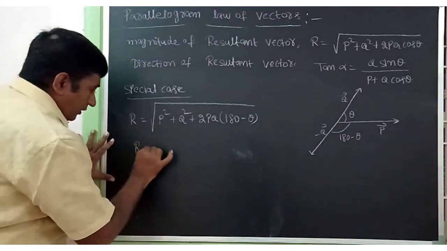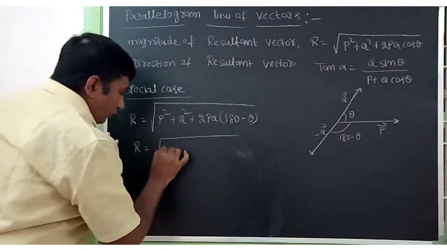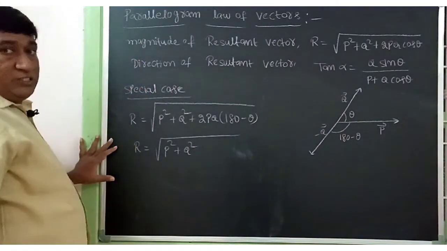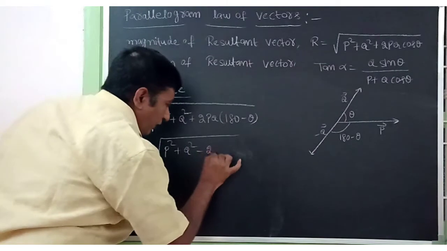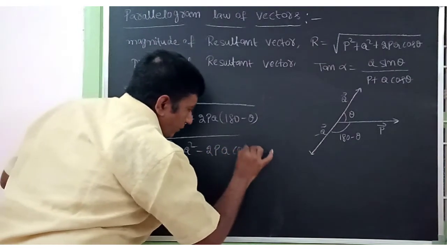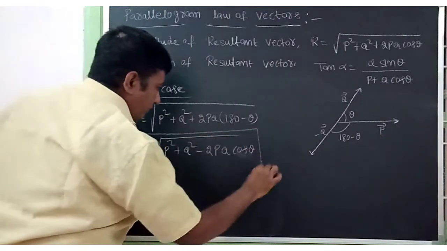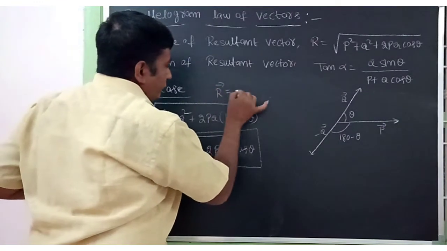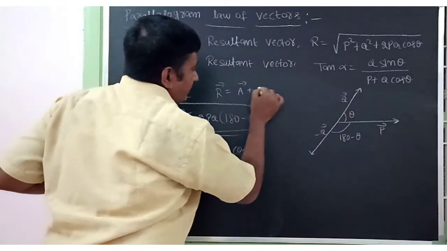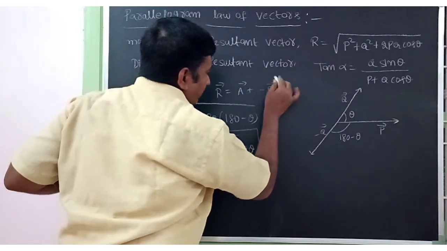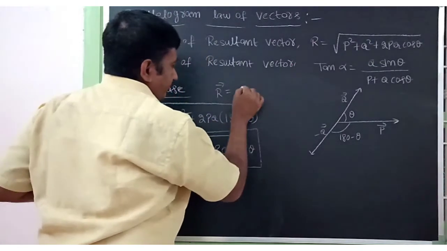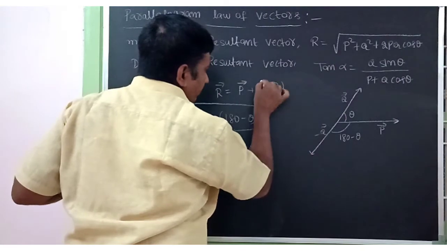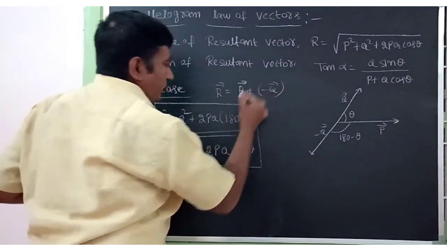So the resultant is r equal to root of p square plus q square plus 2pq cos of 180 minus theta, and cos of 180 minus theta is minus cos theta, so we get minus 2pq cos theta. In simple form, r vector is equal to p vector plus minus q vector, that is, addition of a negative vector.